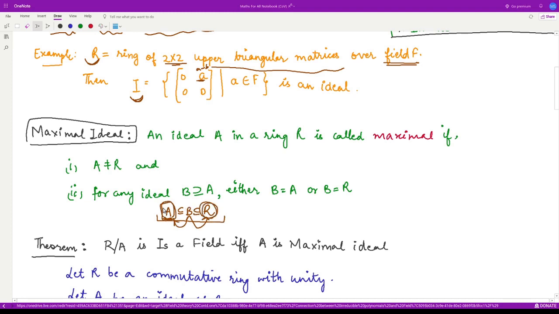That means between A and R, no other ideal should exist. So in that case, we say that this A is a maximal ideal, right?